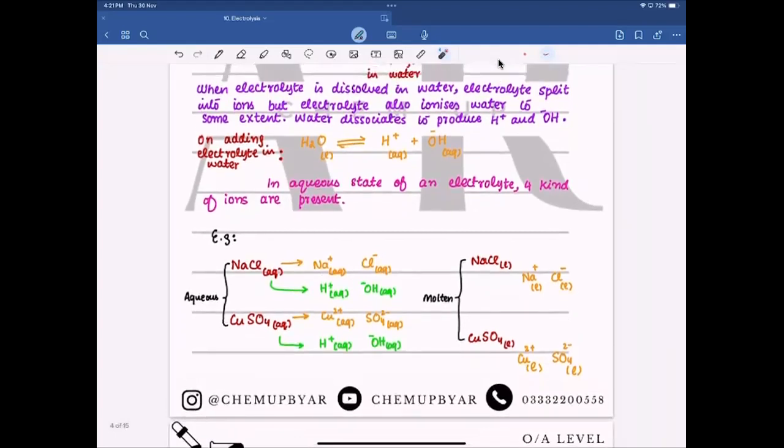What I was saying is that in the aqueous electrolyte, we have two types of positive ions. We know that positive ions reduce at the cathode, but there are two ions, so we have to understand which one is going to reduce at the cathode first. In the same way, there are two anions, and anions are oxidized at the anode.